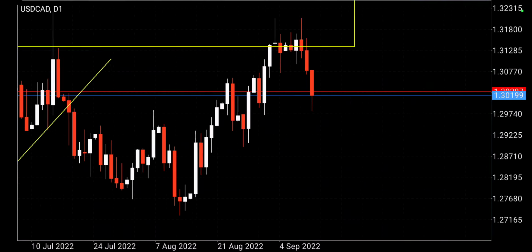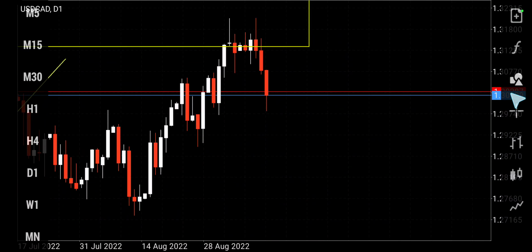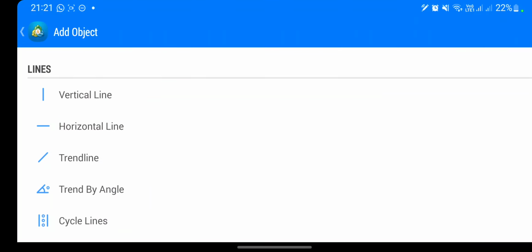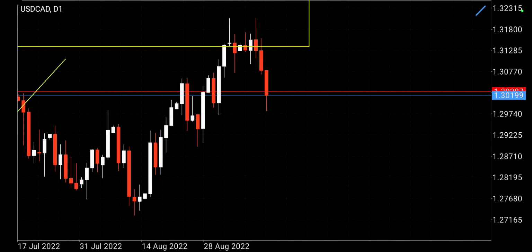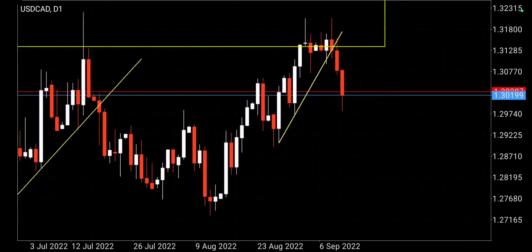Now what we need to understand is that when the price was moving to the upside, when we were calling for that retest on weekly, on daily, this is what you got. This is your daily bullish trend line, and currently it is being broken. We're just there around the area of support.